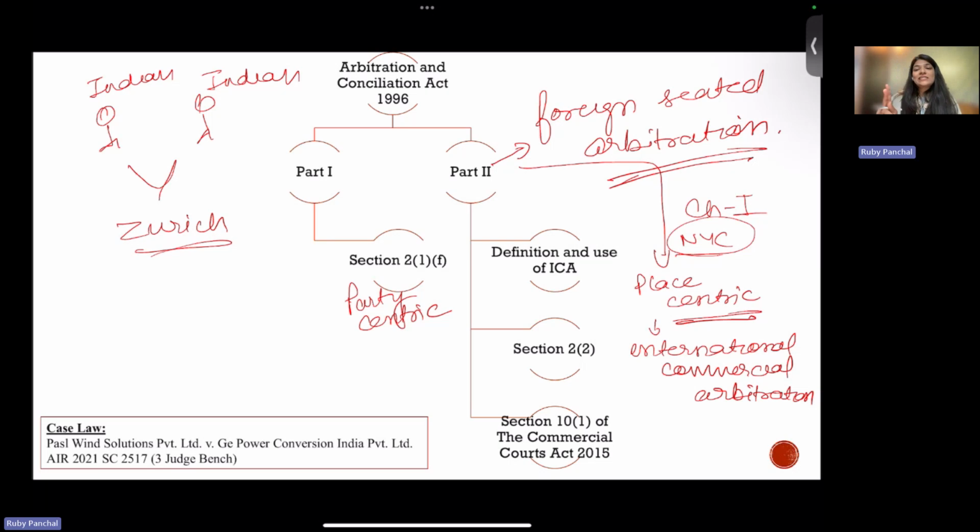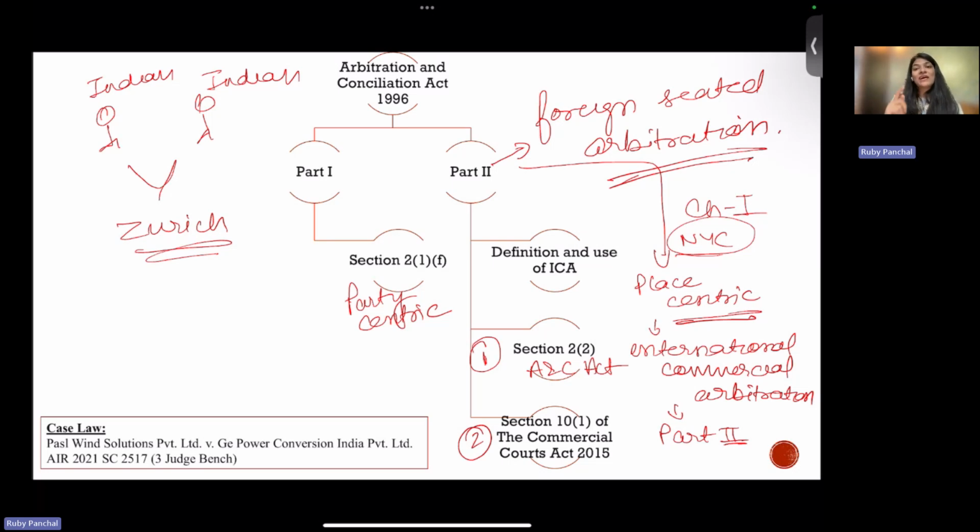Now, there are two places which provide international commercial arbitration in reference to Part 2: Section 2, subsection 2 of the Arbitration and Conciliation Act and Section 10, subsection 1 of the Commercial Courts Act. So these are the two places wherein the legal text provides the term international commercial arbitration in relation to Part 2.